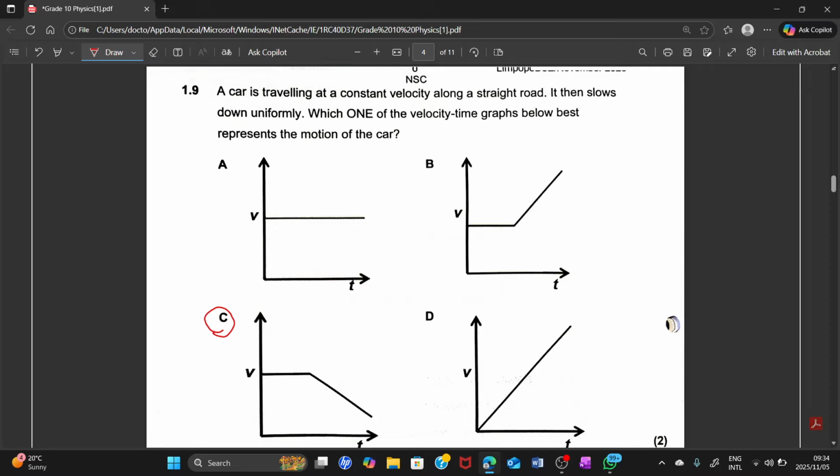It then slowed down uniformly. So when it slowed down, what does it mean, class? It means that the velocity is changing slowly but surely. It was moving at a constant velocity. That's why it was like that. Okay, now let's go to the next one.